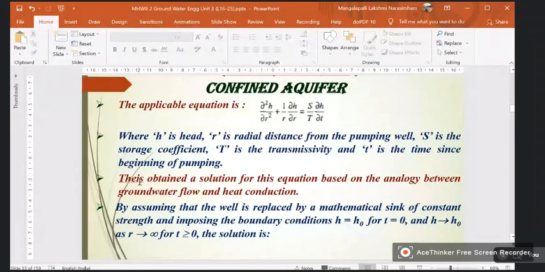Now, Theis obtained a solution for this equation based on the analogy between groundwater flow and heat conduction.